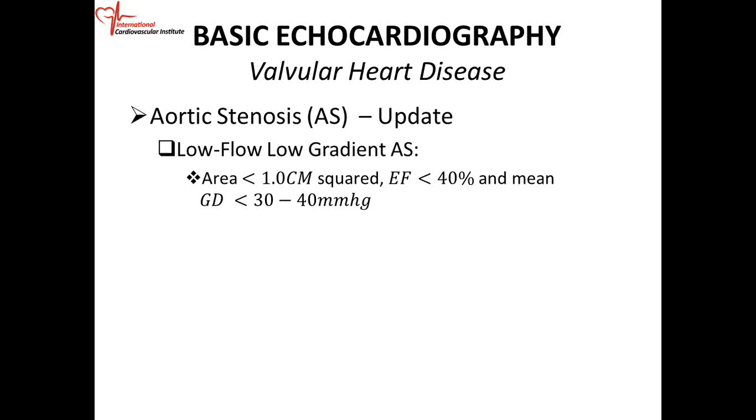And once you replace that valve, they do very well. However, there's another group of patients who also have some aspect of AS, probably not severe, but they have some other cause for LV systolic dysfunction, right?